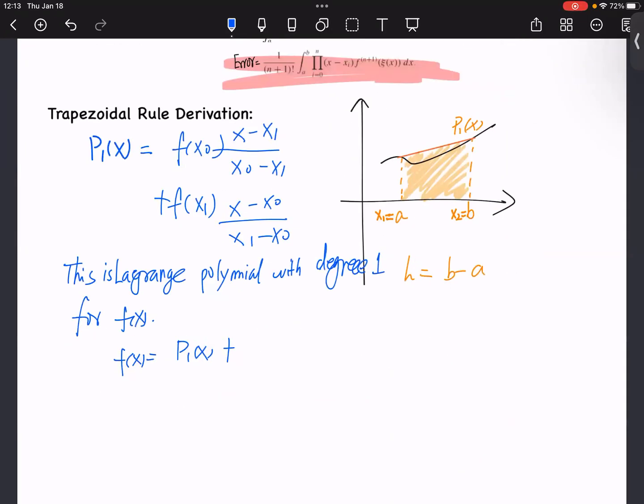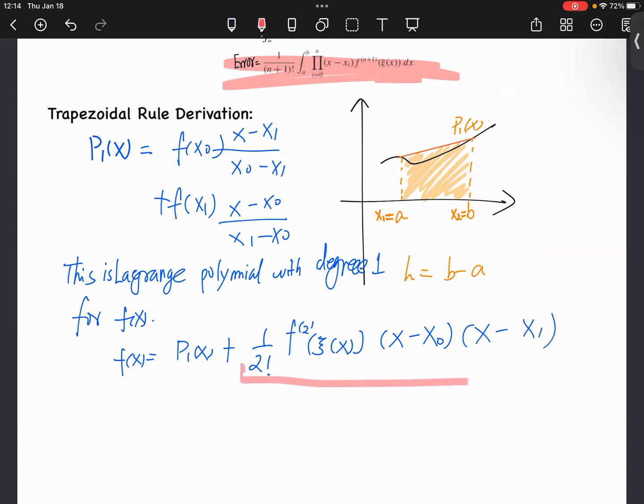So we have 1 over 2 factorial and the second derivative evaluated at c(x), and then we have (x minus x0) and (x minus x1). And this is the error for the Lagrange interpolation. And then this is just the Lagrange interpolation for f(x).